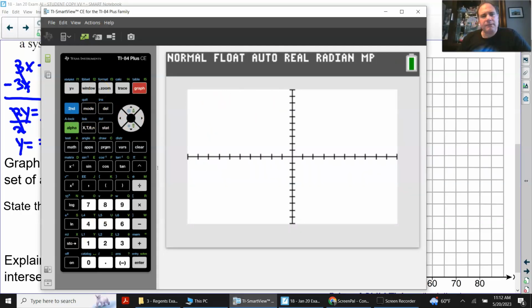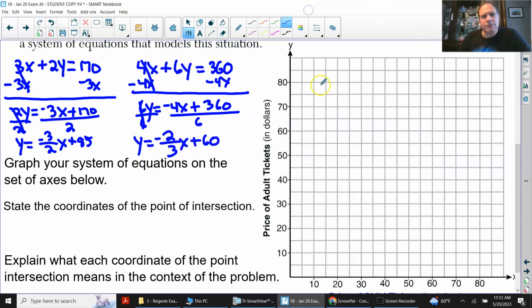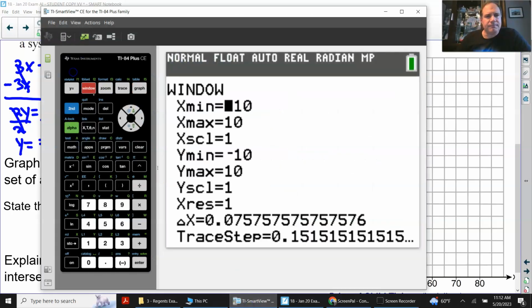Well, then I look at what the Regents gave me. The Regents gives you a graph that goes by 10s, actually goes by 5s. So what I'm going to do is extend this graph all the way up. I'm going to use the window. I don't need to see anything of the negatives.